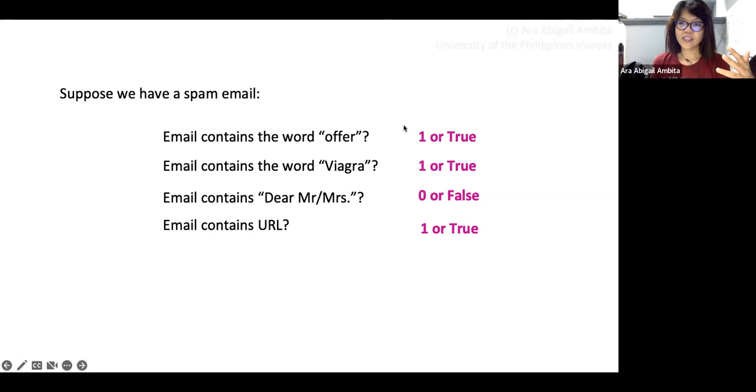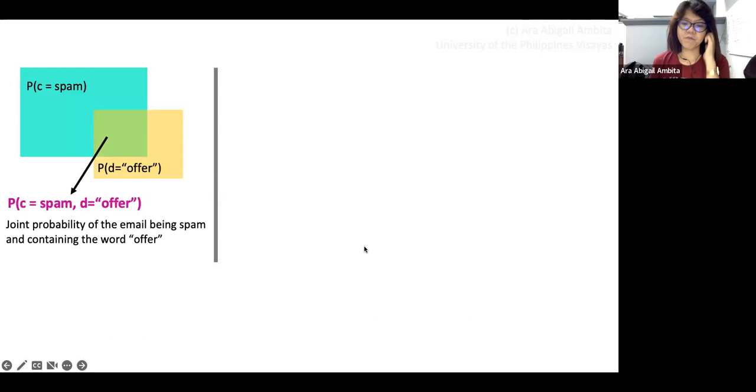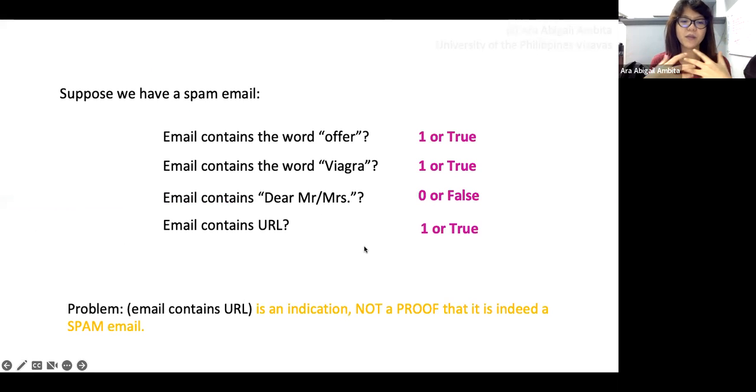I just want to mention that these words commonly appear in spam messages. Okay, so the problem is that, let's say the email does contain a URL. However, it is simply an indication, but not evidence or proof that it is indeed a spam email.